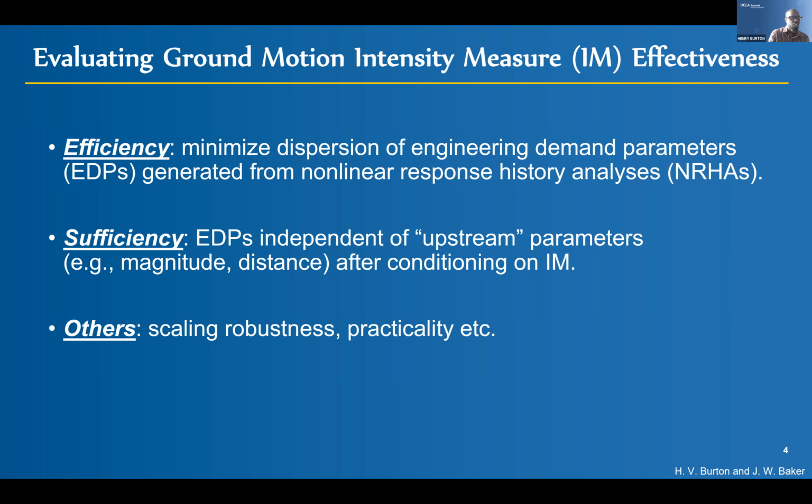There are other criteria such as scaling robustness and practicality, which, while not as popular as sufficiency and efficiency, are sometimes used. In this paper, we introduce an approach to evaluating IMs that leverages the principles and methods from causal inference. The approach actually tries to address the conditional independence problem that is considered in the sufficiency criterion. So in that case, it can be considered as an alternative to the sufficiency-based approach.